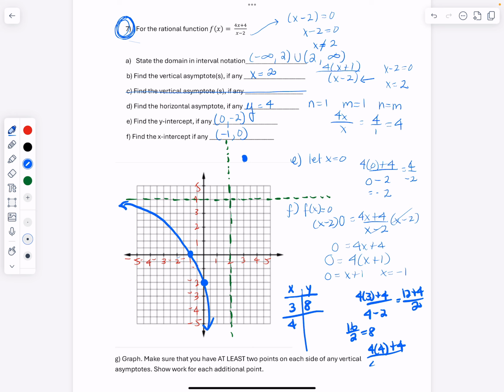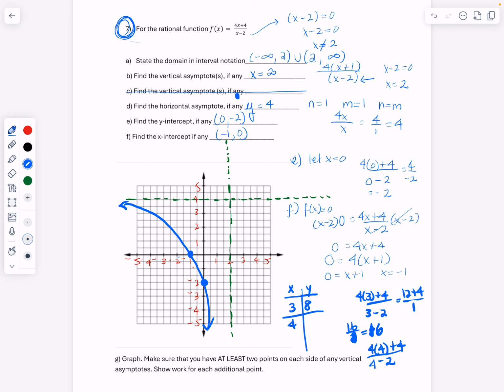And by the way, I did the last one wrong. In the denominator, the last one should say 3 minus 2, and 3 minus 2 is 1. So it should be 16 over 1, which is 16. So that value is going to be way up higher, up in here someplace.